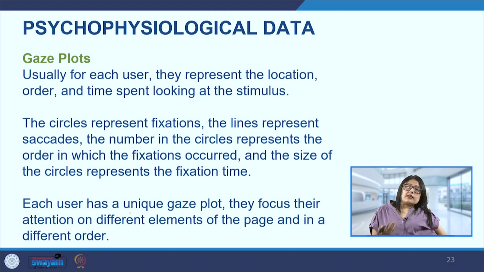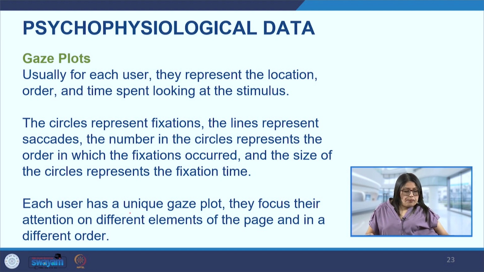So this gaze plot will be generated for me, showing that when I entered this application, where did I first go? Did I go right, top left, middle? How did my eye start moving around the page? And for this, my gaze plot will be generated, made up of these circles of varying diameters depending on how much time I'm spending there, plus lines which show how I moved about this page.